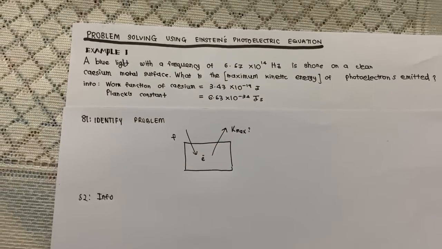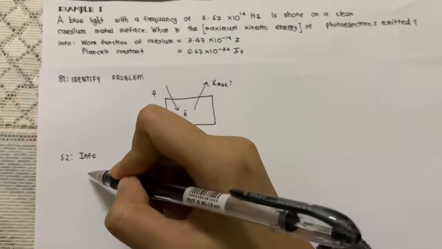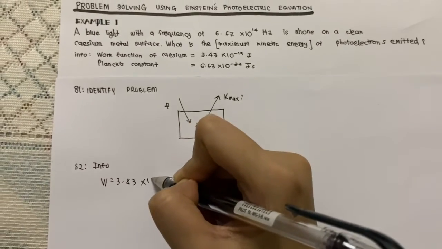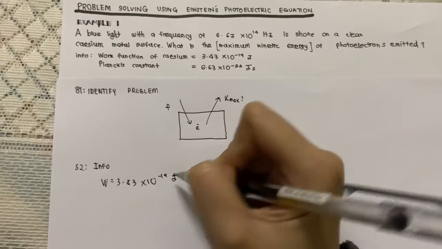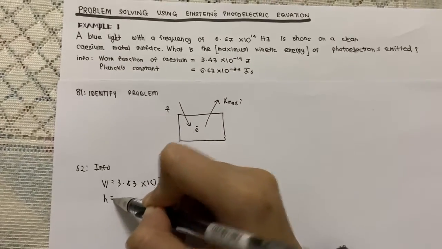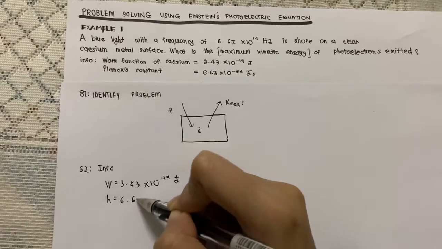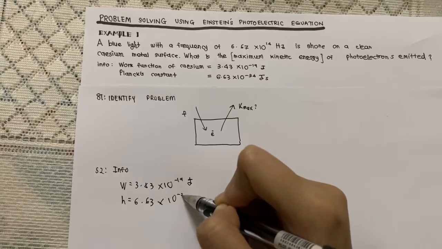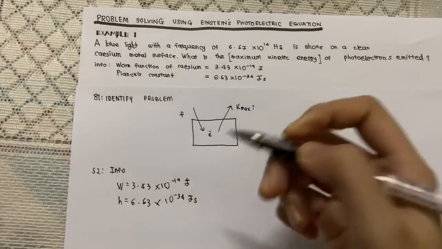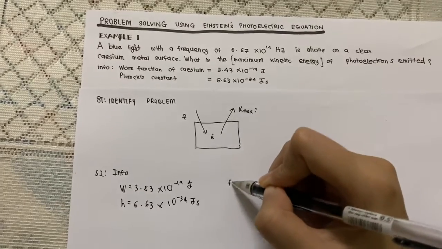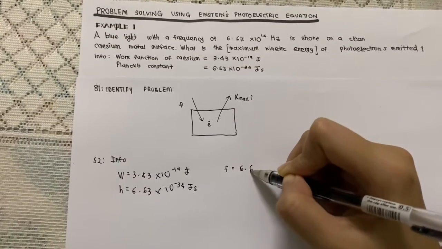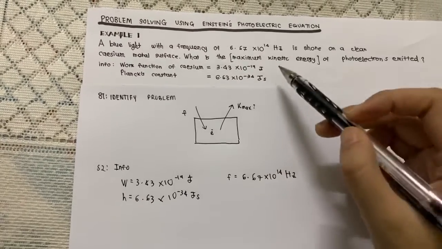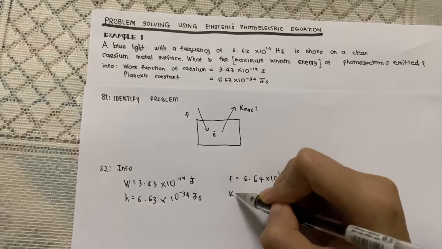The info given is the work function, 3.43 times 10 power of negative 19 joule, and the Planck's constant is 6.63 times 10 power of negative 34 joule second, and then the frequency given is 6.67 times 10 power of 14 Hz, and we want to find the maximum kinetic energy.